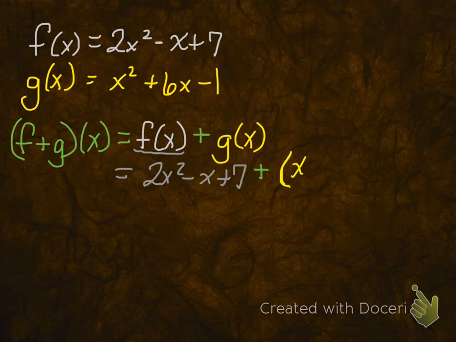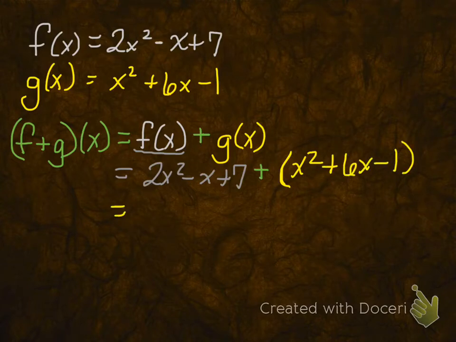And we had x squared plus 6x minus 1. And I am going to rewrite this, getting rid of my parentheses by distributing the plus sign, which doesn't change anything.